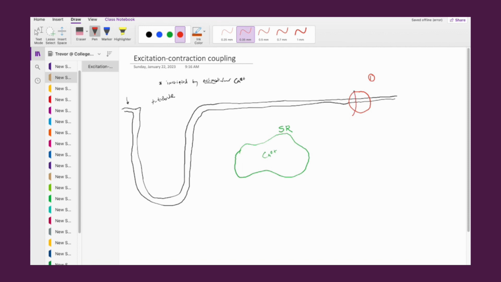So remember, with 3 sodium out of the cell, 2 potassium inside the cell. That does 2 things for us. It keeps the concentration of sodium inside the cell low, and the potassium inside the cell high. So it establishes a gradient that we can use in the next step.